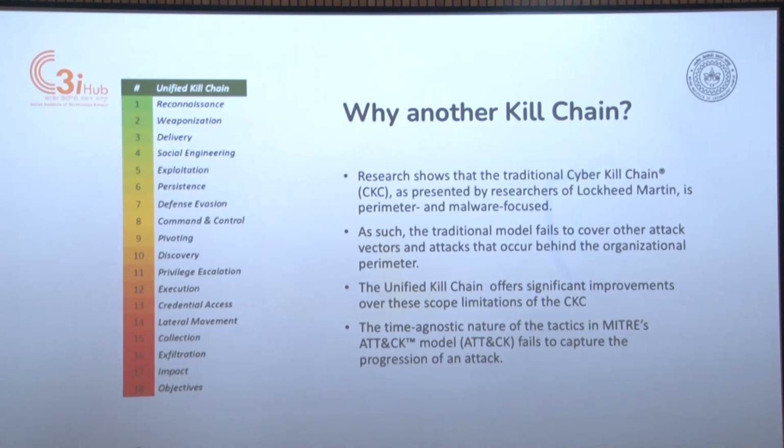And we will see why it comes, what were the pros and cons of the CKC and the MITRE ATT&CK in the next class, and we will discuss how this leverages over these two and why UKC is important, and whether the importance of MITRE ATT&CK and LM CKC gets reduced if UKC comes, and the answer is obviously no. All these things are used in different cases and different scenarios.